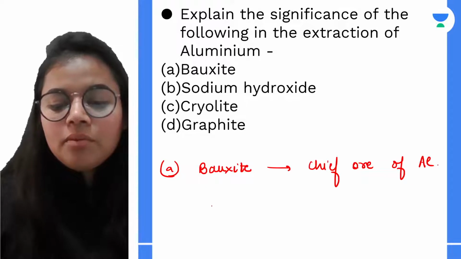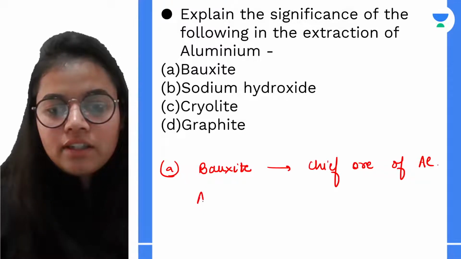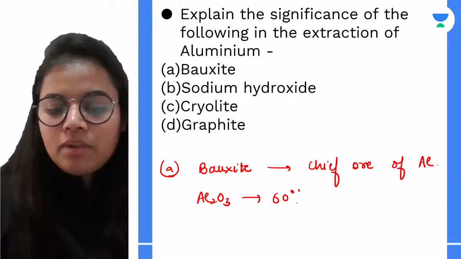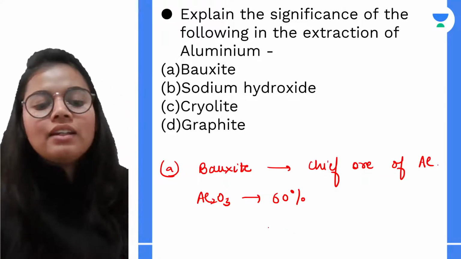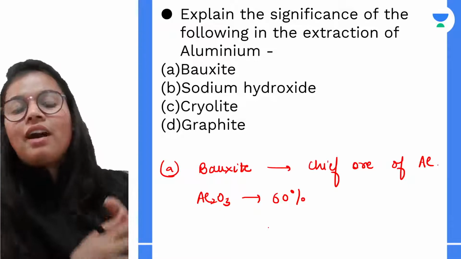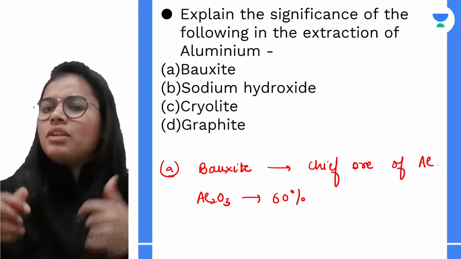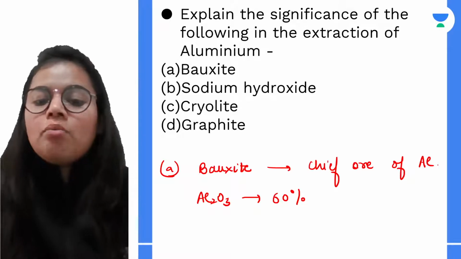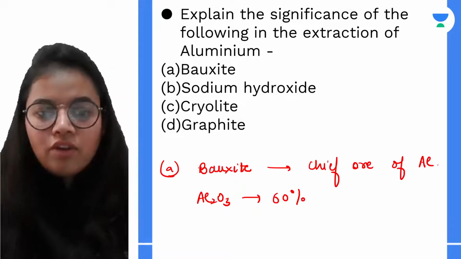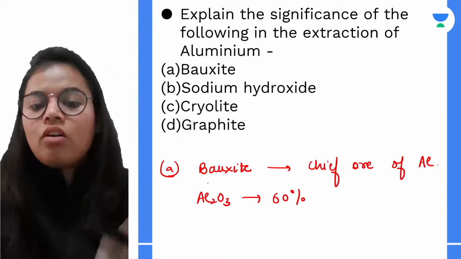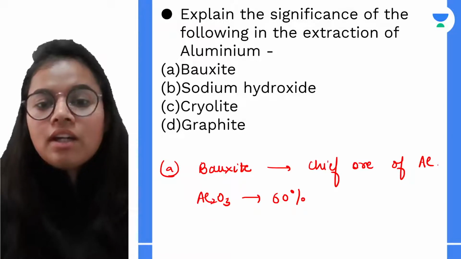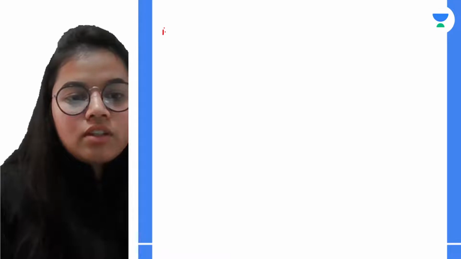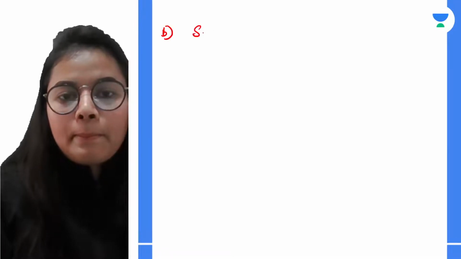Bauxite contains Al2O3 up to 60%, and the other things present are impurities. They can be sand, dust, some of the oxides. So bauxite is used for the extraction of aluminium because it has a good amount of aluminium content. Sodium hydroxide.